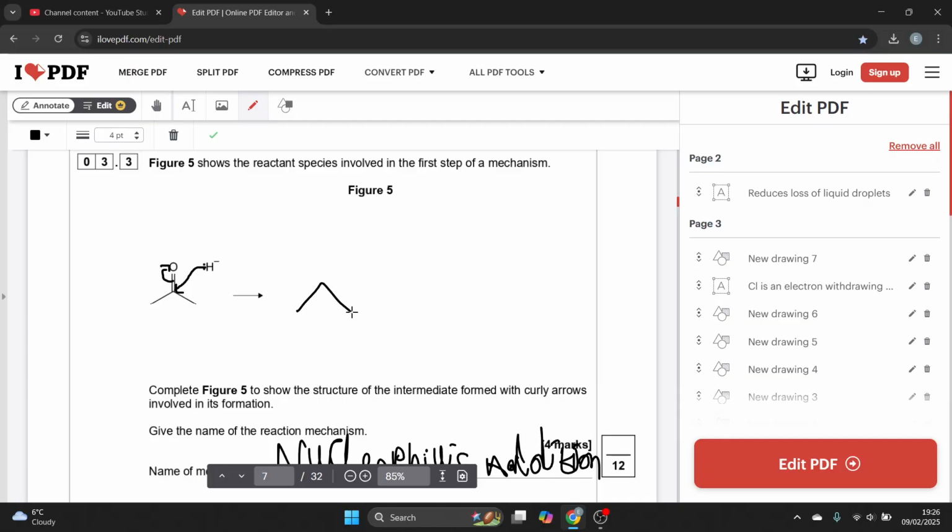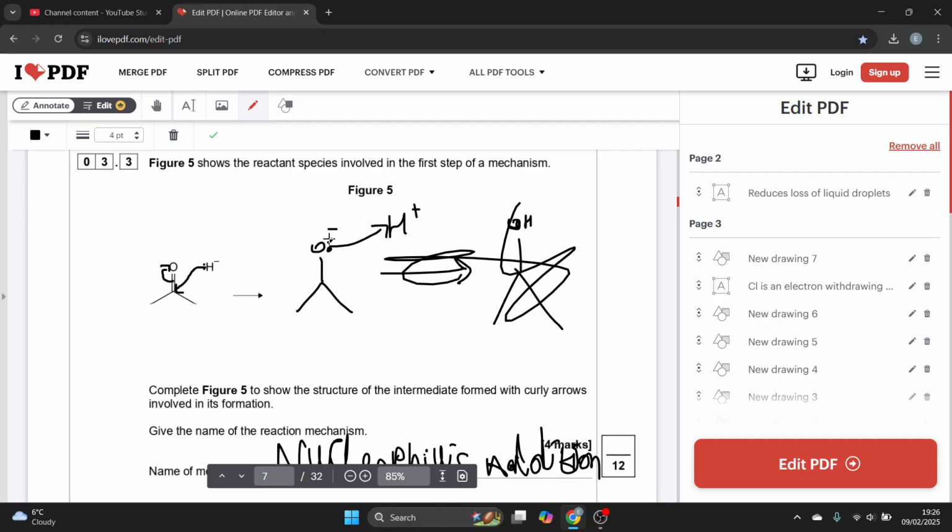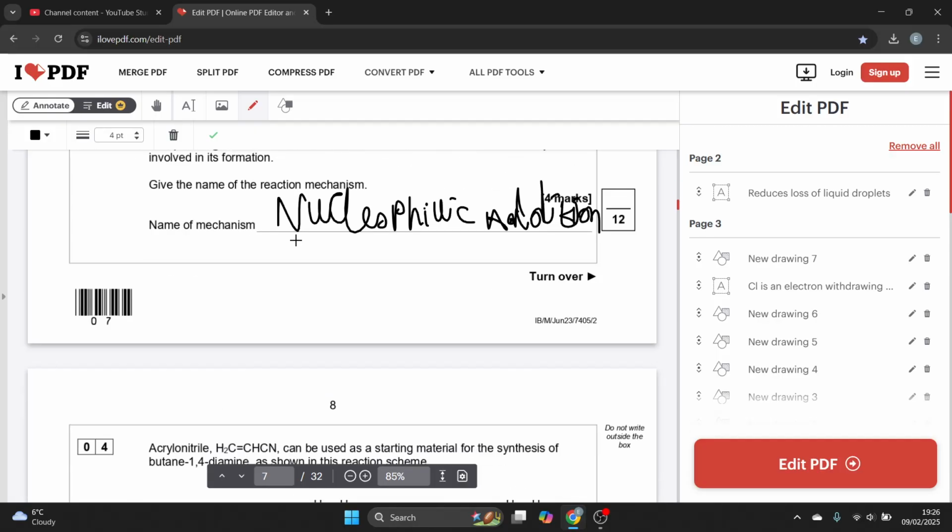Then you've got this oxygen with a lone pair, negatively charged, and H plus bonds to it and you form OH here. But you don't need to, it just says show the structure of the intermediate, so that should be fine. So you get rid of the lone pairs, and it should just be oxygen negatively charged, because that's the only step it wants.